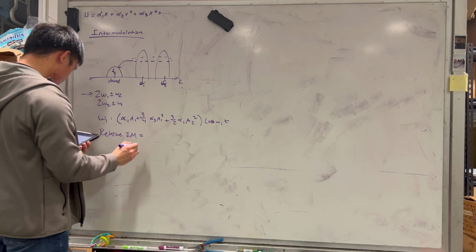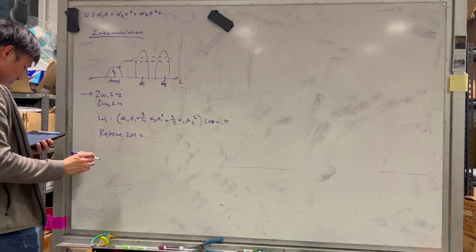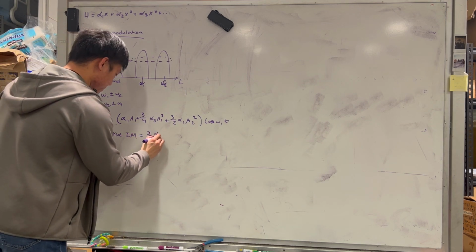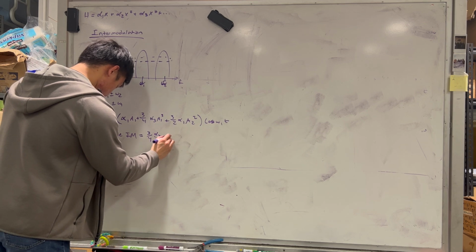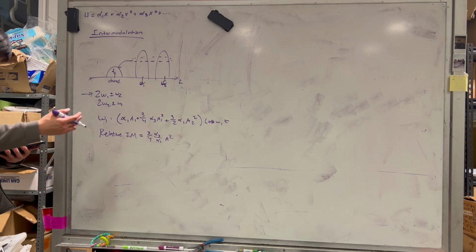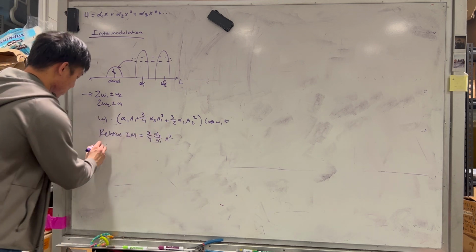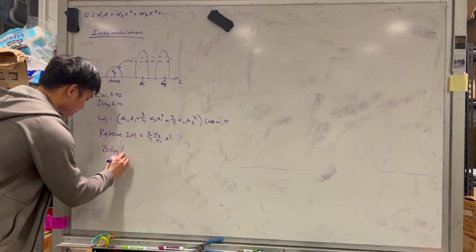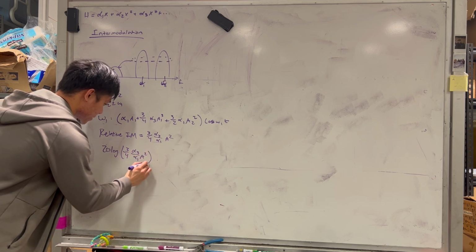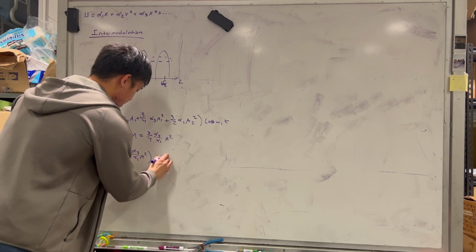I don't want to bore you guys with the math here, but it is equal to 3/4 alpha 3 over alpha 1 times a squared. Normally this is measured as a relative term. So we take 20 log of this, and the units for this is dBc.